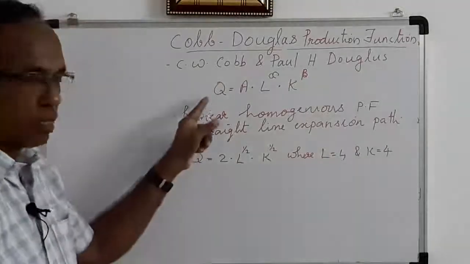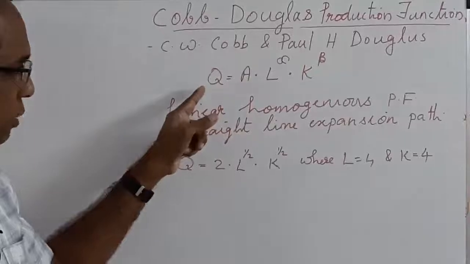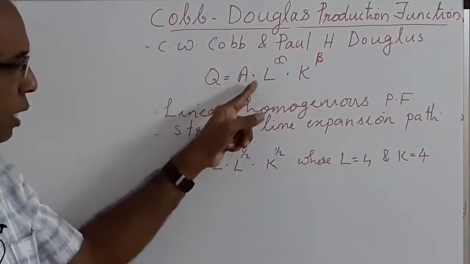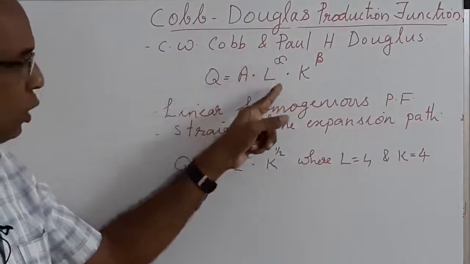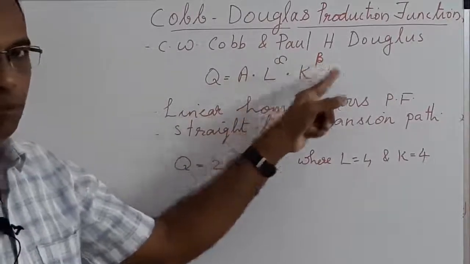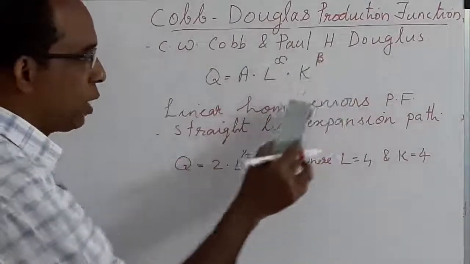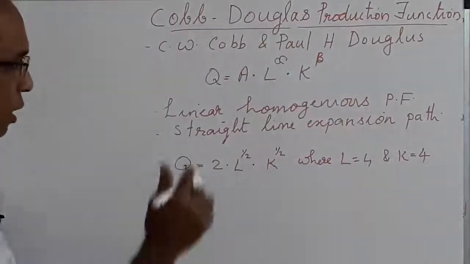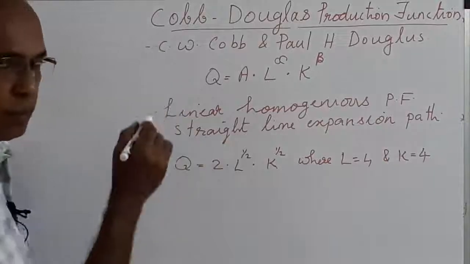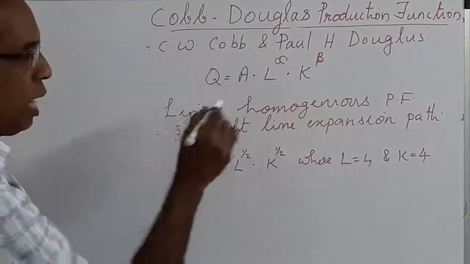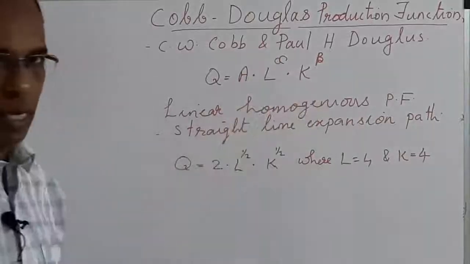And it is written in the form that Q is equal to A into L raised to alpha into K raised to beta. This is the general form of the Cobb-Douglas production function, where Q is the output, L is the unit of labor, and K is the capital.